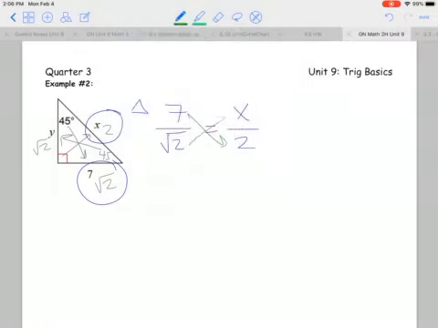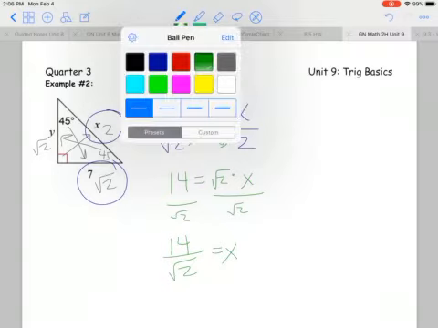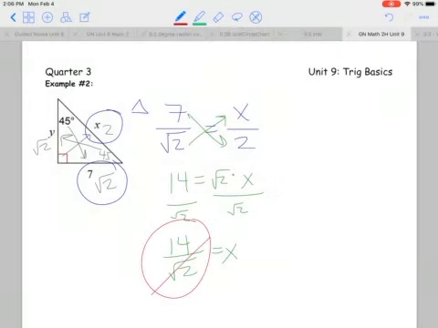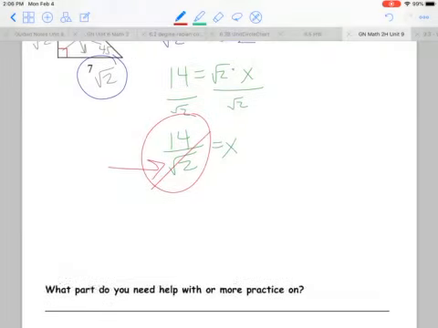So we're going to cross multiply and get 14 equals radical 2x. So we're going to divide by the radical 2. So we get 14 over radical 2 equals x. And this was the big no-no. We can't have that radical on bottom.